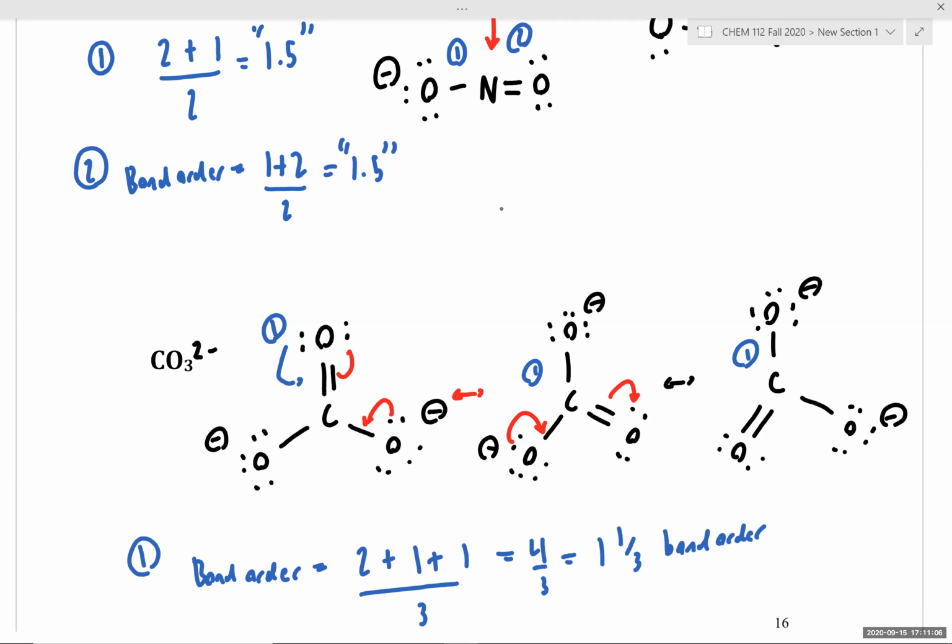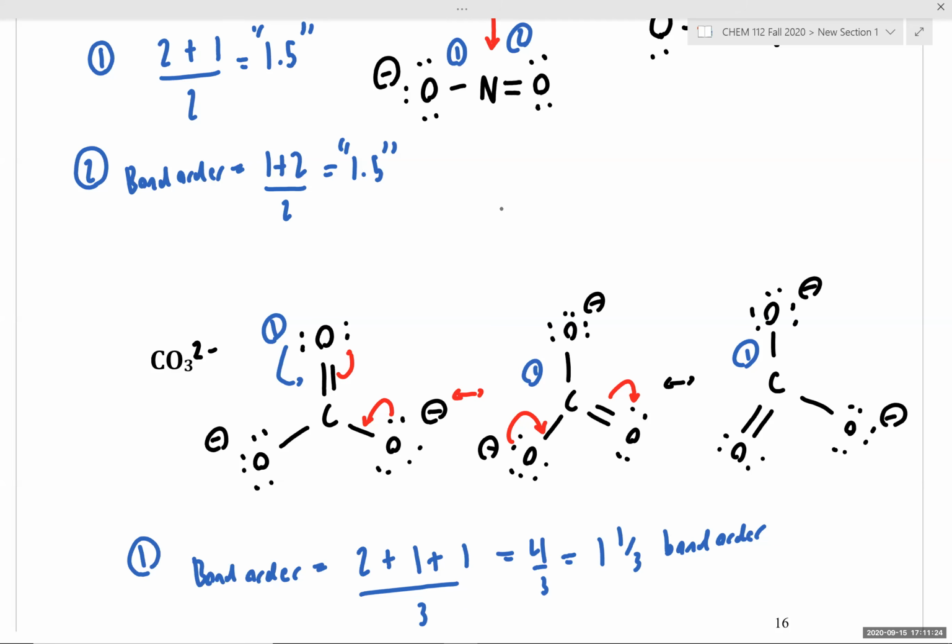So, as we can see, we have two fractional bond orders, but the nitrogen-oxygen bond order is 1.5. So it's a little bit stronger than our carbon-oxygen bond if we just consider the bond order number.